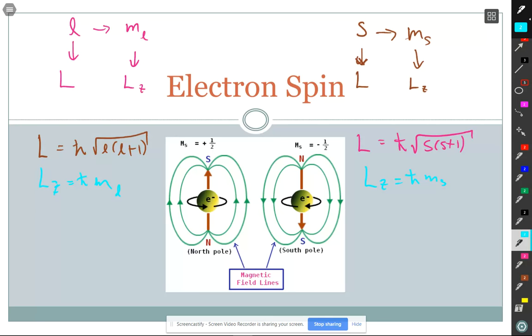What are the minimum and maximum for m sub s? Negative s to s, which means that s must have only one value. S is always equal to 1/2 for an electron. So when you hear people say electrons are a spin 1/2 particle, that's what they mean. In your chemistry books, it probably says S instead of m sub s.